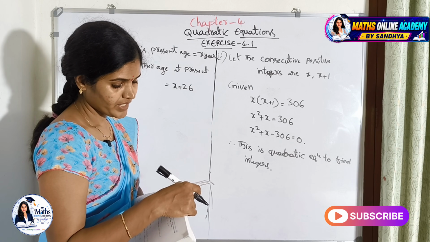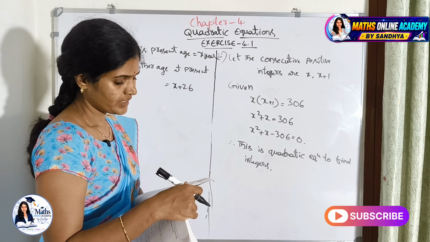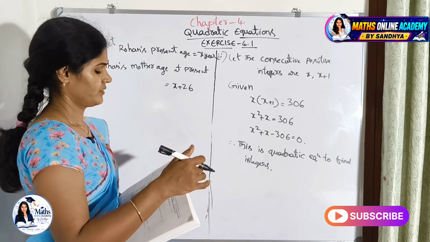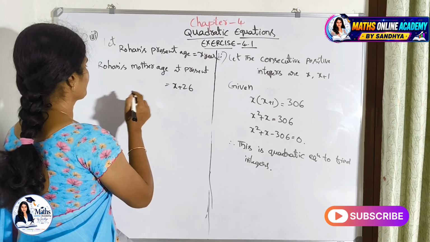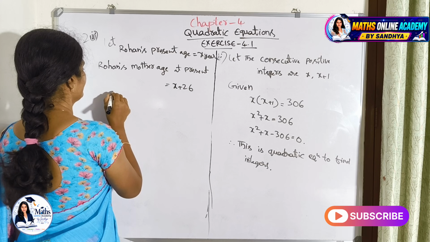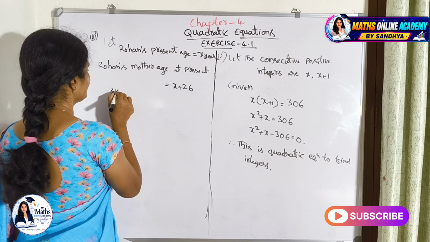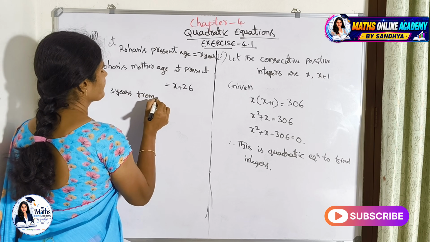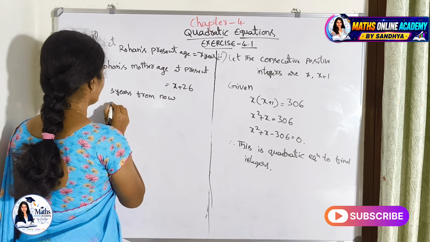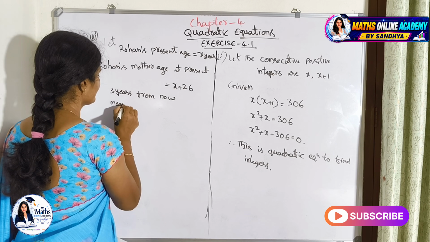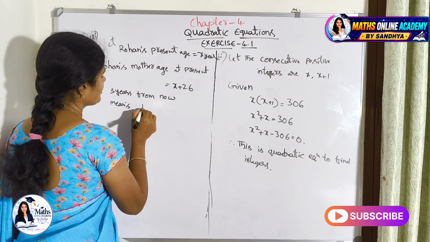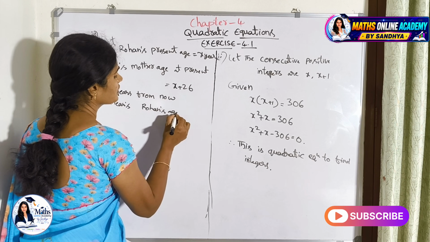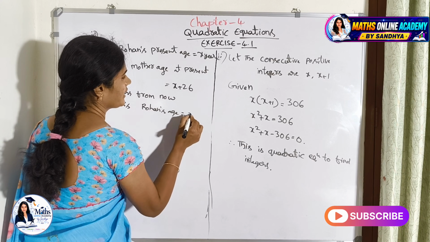The product of their ages 3 years from now. 3 years from now means Rohan's age equals x plus 3.